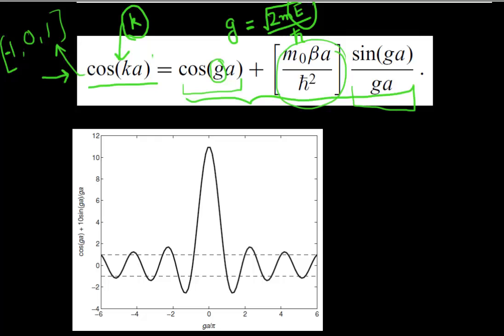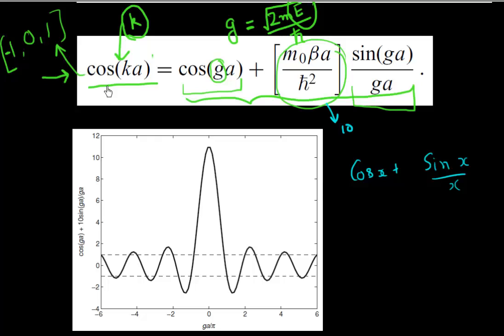In this case I've assumed this to be 10 and plotted this function out. You can see that this function has a periodicity of GA, and it has the superimposition of this cos x function and sine x by x function. So you see that it has a shape like this. If I vary my energy, this function would essentially look like this.